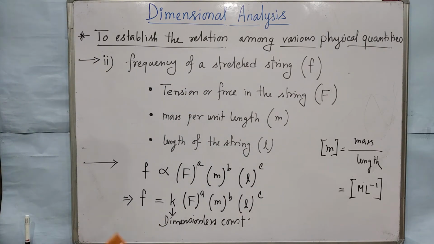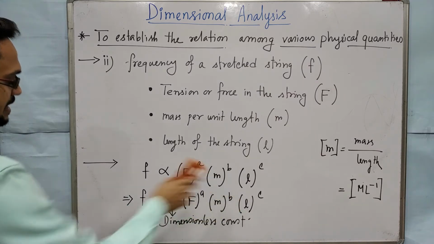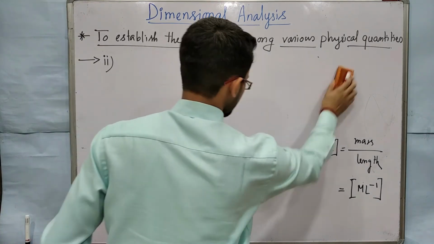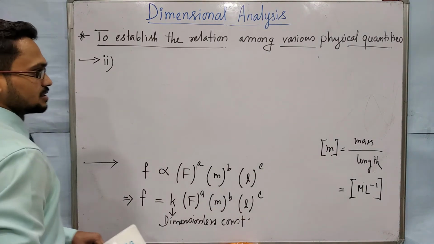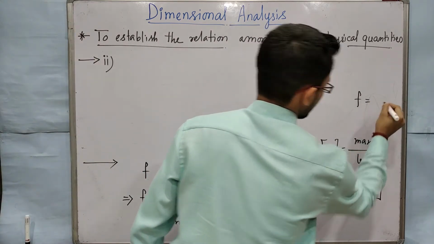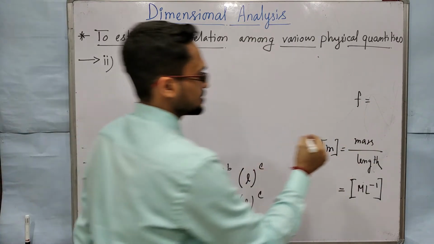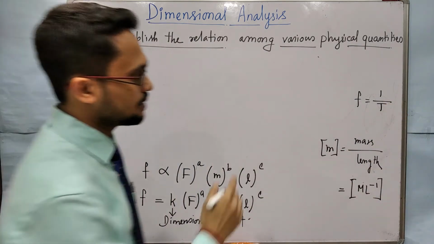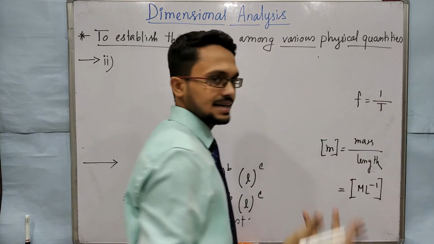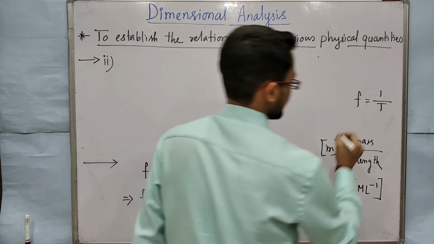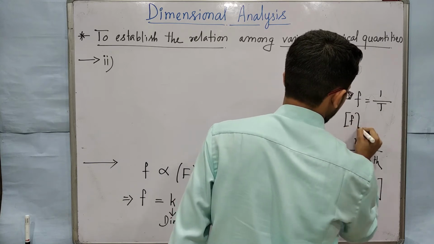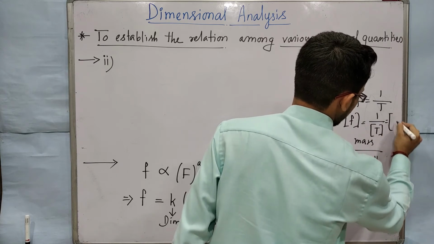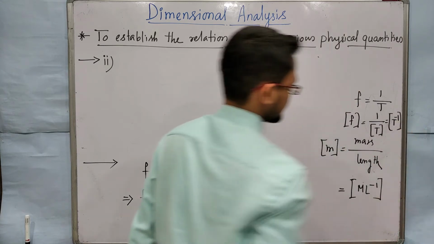Now we will write the dimensions of each physical quantity. What is the dimension of frequency? Frequency means 1 by time period, and time period has unit second, so its dimension is T. So the dimension of f is 1 by T, that means T to the power minus 1.